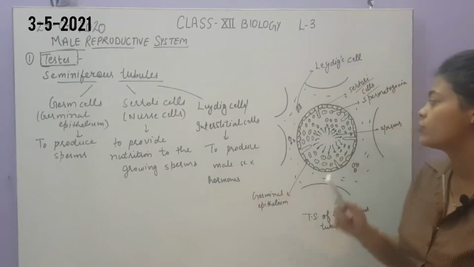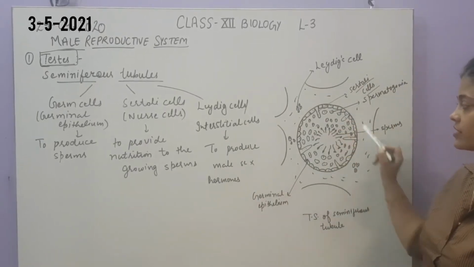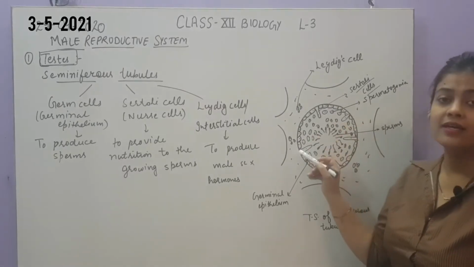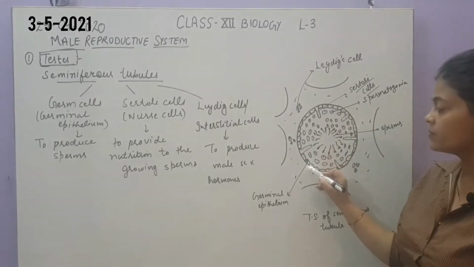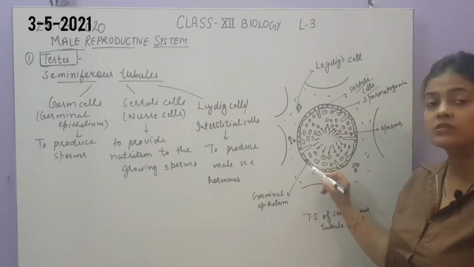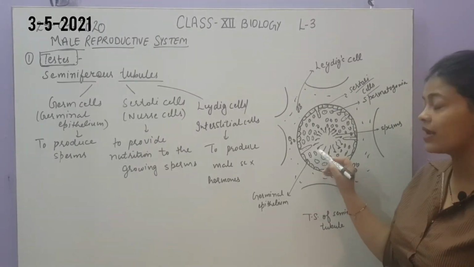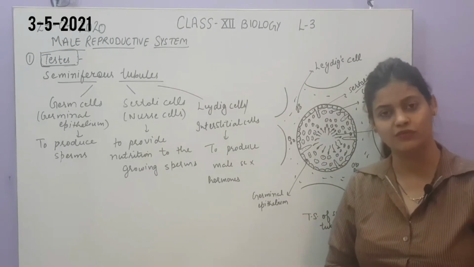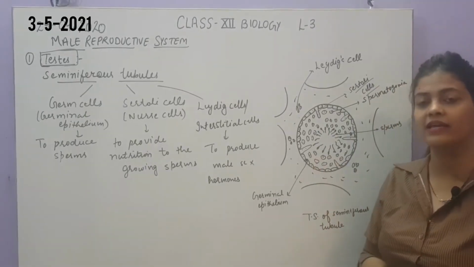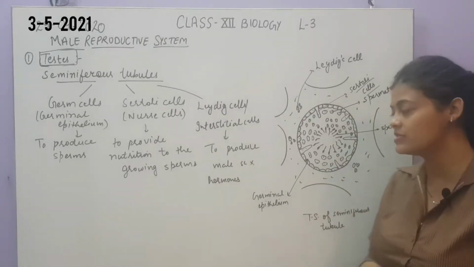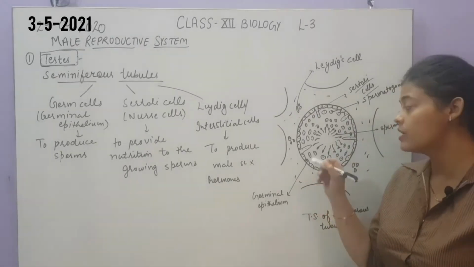Next is the Leydig cells or interstitial cells. Let me first finish this. So this is the TS, in which this structure is lined with the germinal epithelium. Now this germinal epithelium will undergo spermatogenesis, and these cells which I have shown here are the various stages of spermatogenesis. When we discuss in detail, then you will be more clear. These are all the various stages of spermatogenesis, or spermatids they are also called.